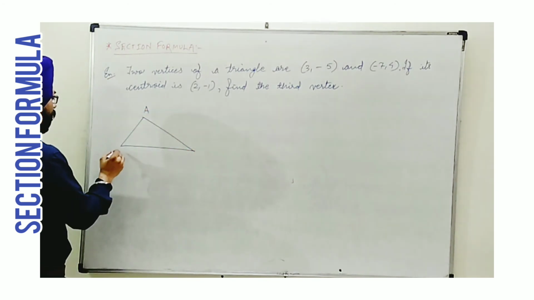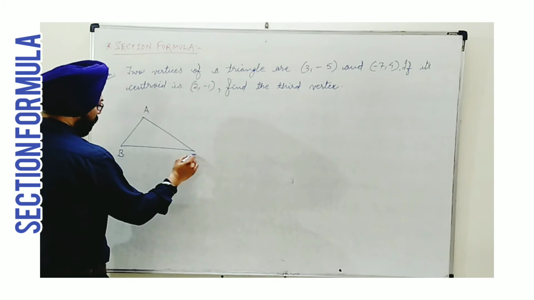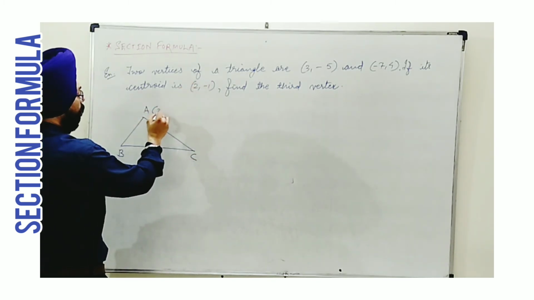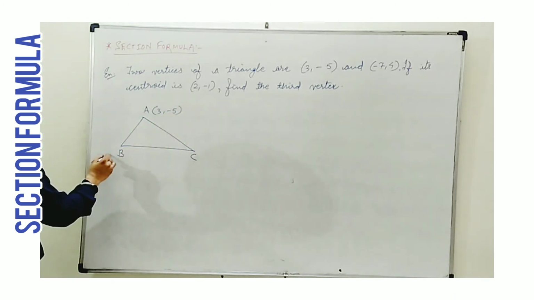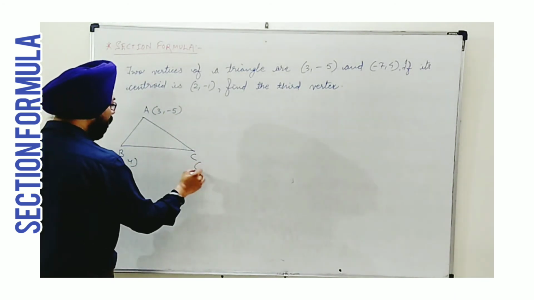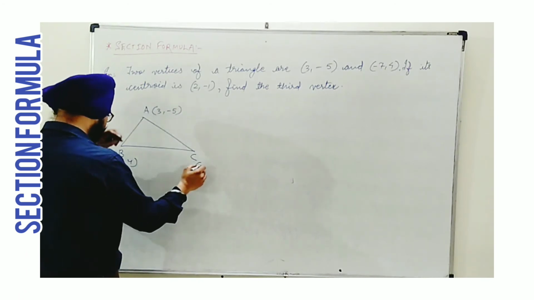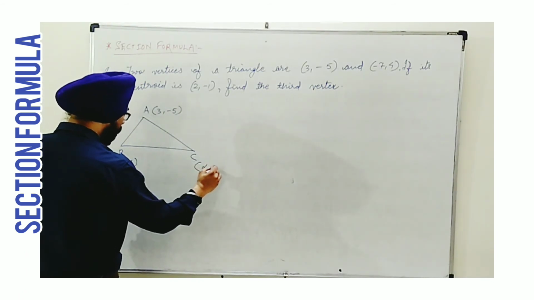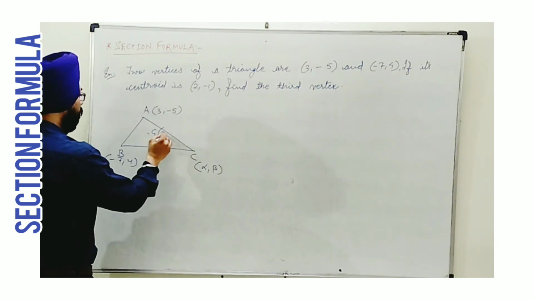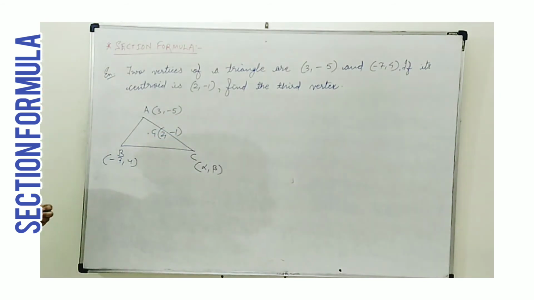Now every time no need to draw the medians. A we consider the vertices (3, -5), and (-7, 4) we consider for B. For C we can take some point like (alpha, beta), and we are given centroid G as (2, -1).